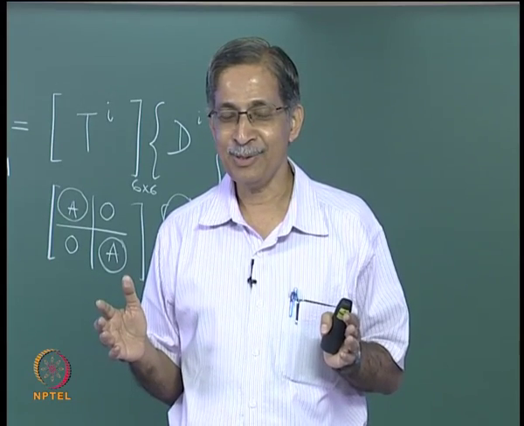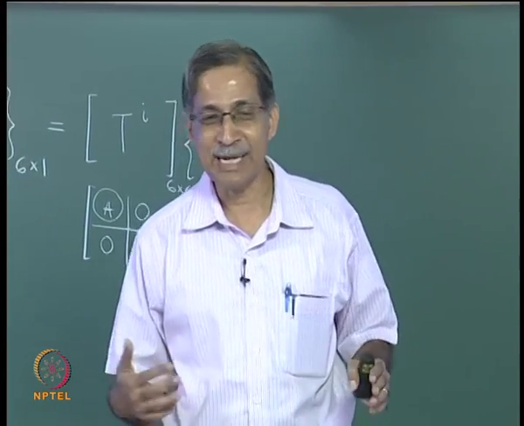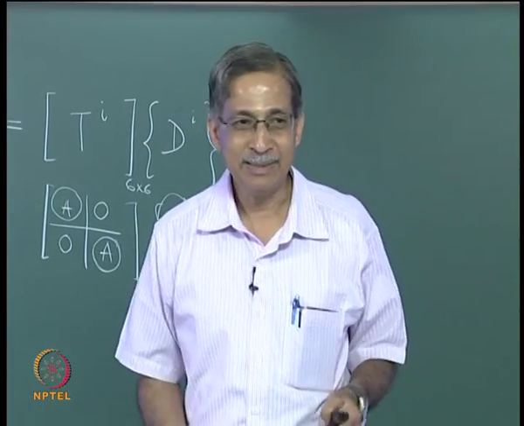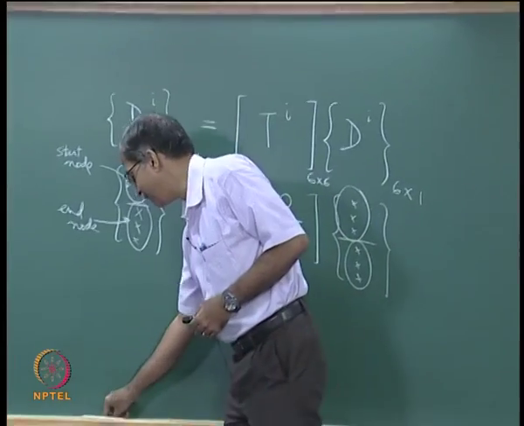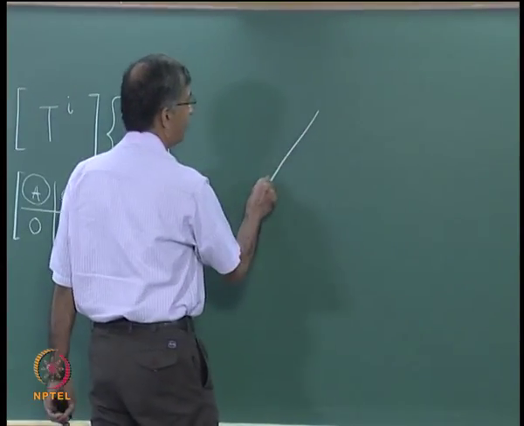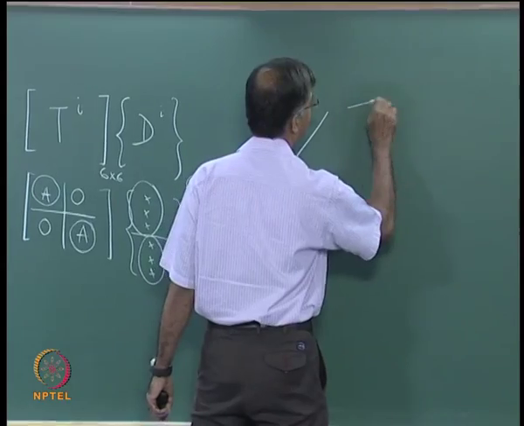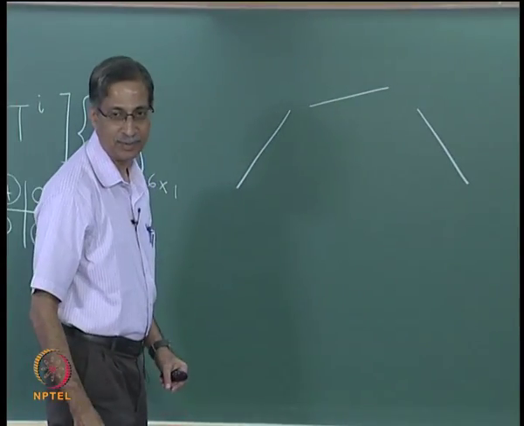And how do you link the element displacement with the structure displacement? This is very important. It's very simple. Remember, this was our first element, this was our second element, and this was our third element, right?